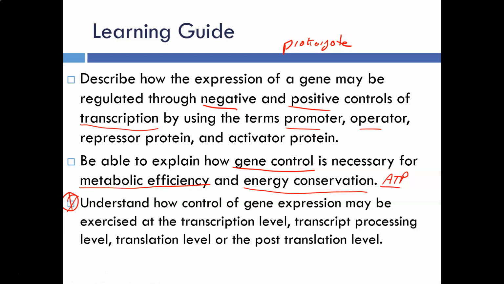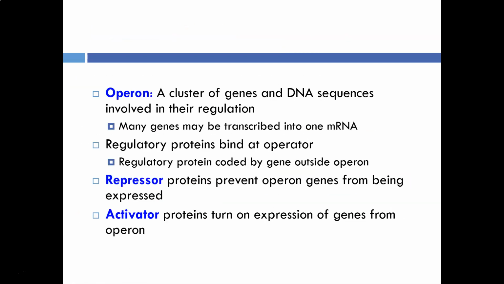So as we get started, a couple of things I'd like to talk about. Number one, when we start talking about genes, especially in some prokaryotic cells, there's not always going to be one gene to make one enzyme.